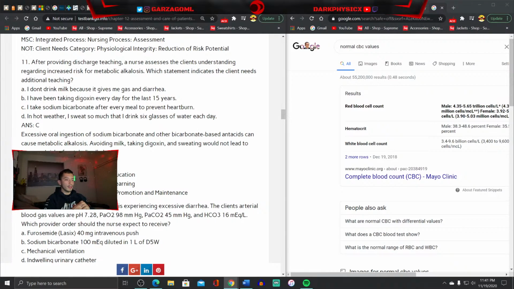Solid. PaCO2 of 45, high normal, and then bicarb of 16, so that's very low, that's acidotic. So you have acidotic pH, acidotic bicarb, normal CO2, metabolic acidosis with no compensation.